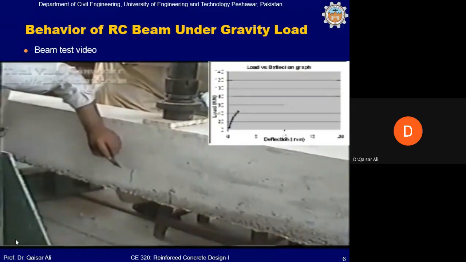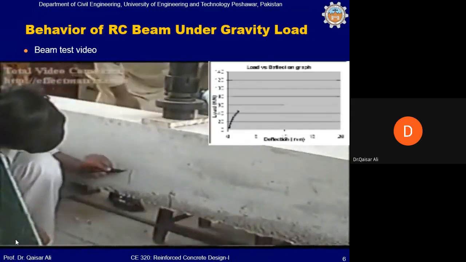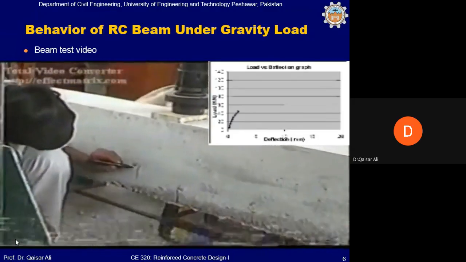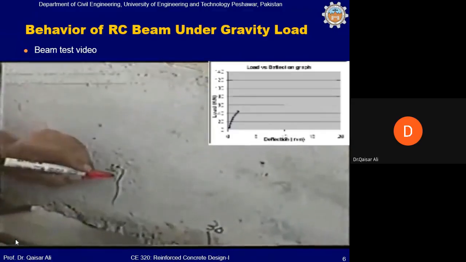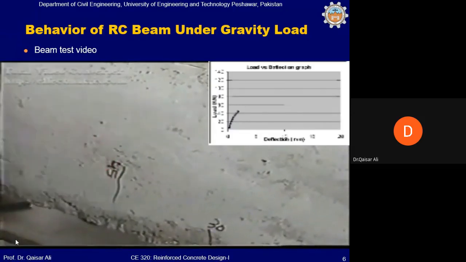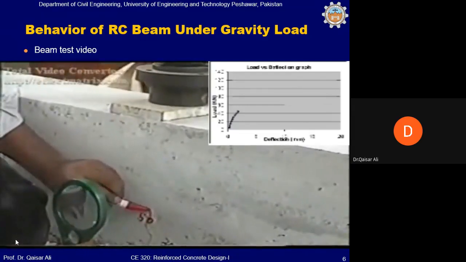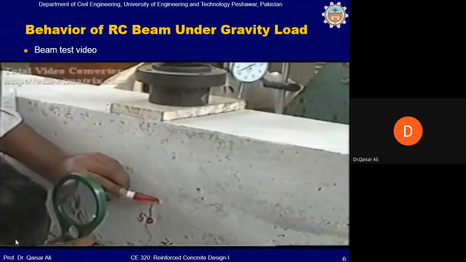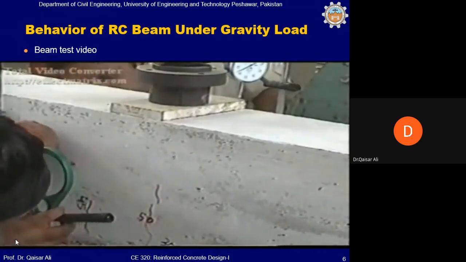Another crack has appeared, and you can also see the plot between load versus deflection at the midspan. The deflections are in millimeter. Initially, there was a straight line, or linear relationship, between load and deflection, but then slowly and gradually the curve between the load and the deflection bends.